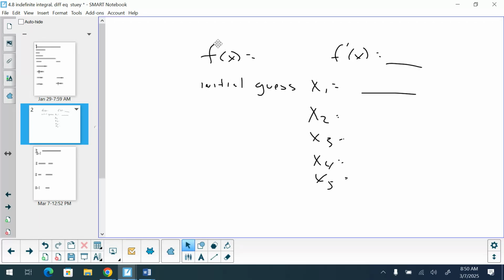Hopefully you're keeping up with it. I get it. For you seniors, you're 10 weeks away. We're 10 weeks away from being done here and getting completion.